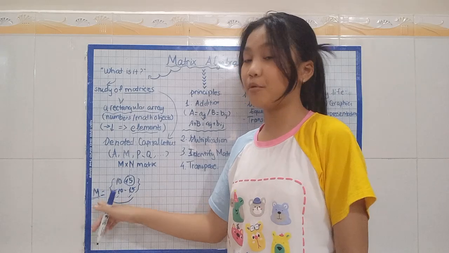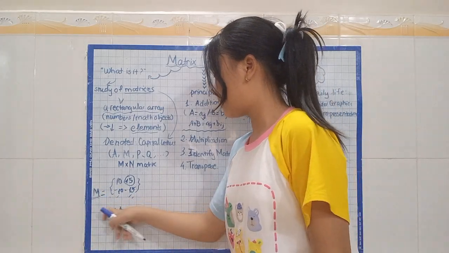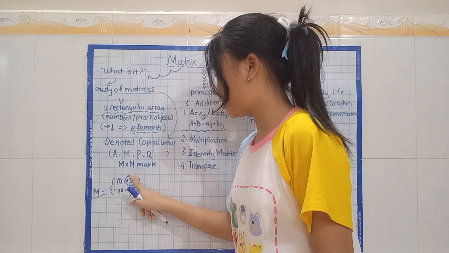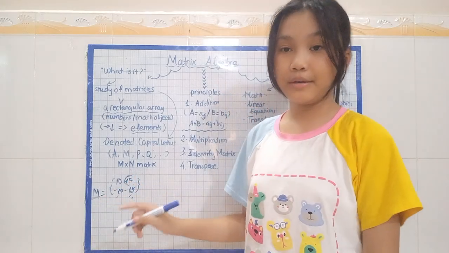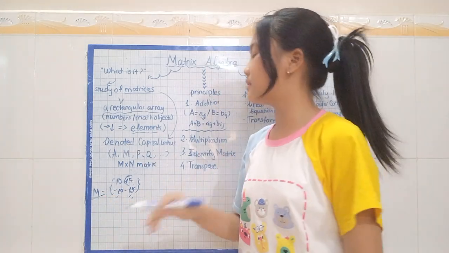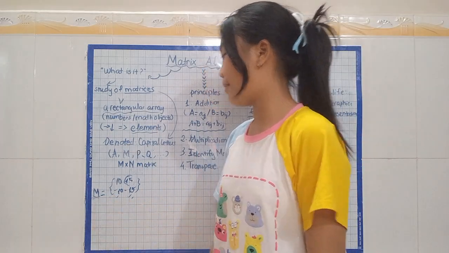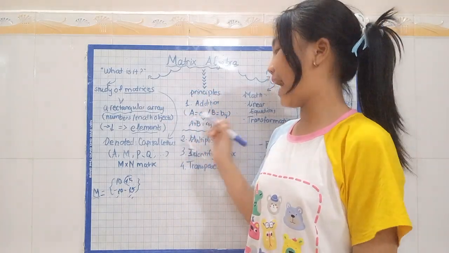As in the example that I have already shown you, our matrix here is named M. You can notice that it's a capital letter. A matrix is usually denoted by a capital letter.